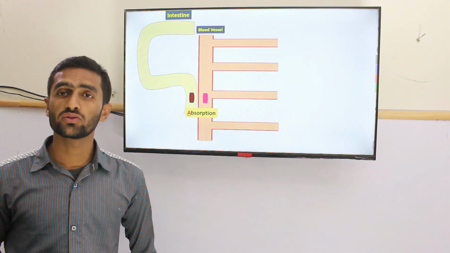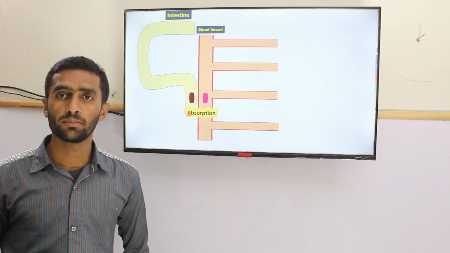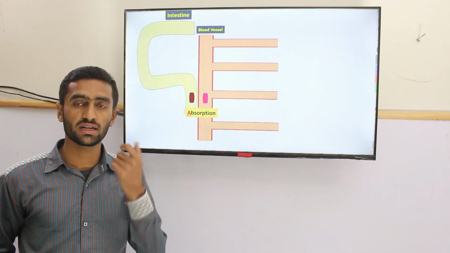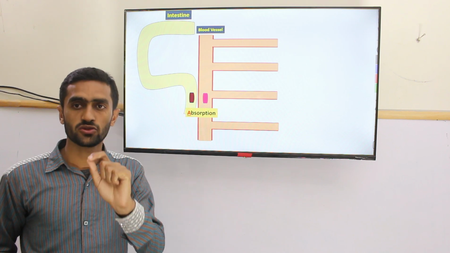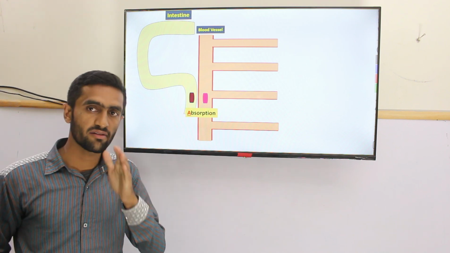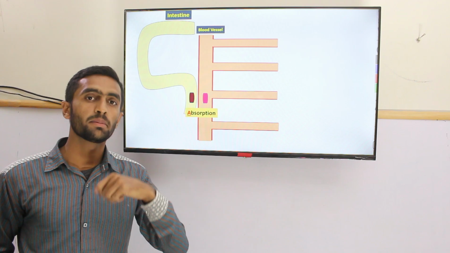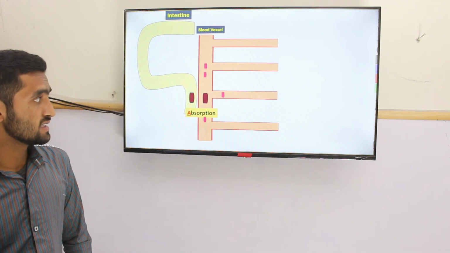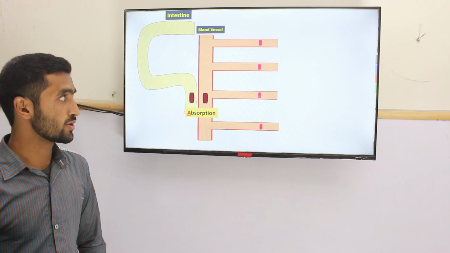Distribution means the drug is going to distribute into all of the body, because the drug cannot reach the target tissue in only one way. Our blood goes throughout the body, which means our drug is also going throughout the body. So let's see this drug distributing throughout the body.